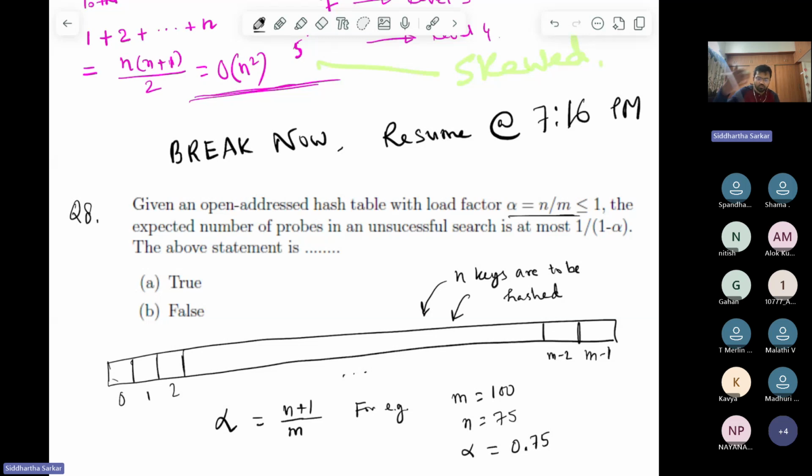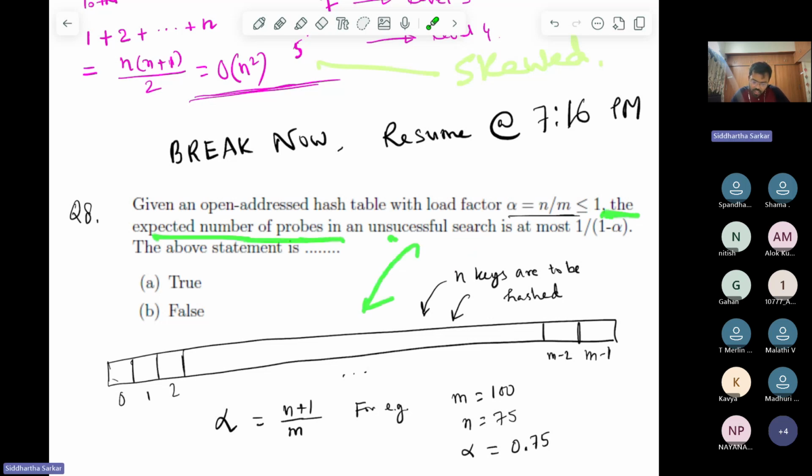The percentage of the hash table being filled is getting more. So the question is saying that the moment when the load factor is alpha, you try to make another insertion.